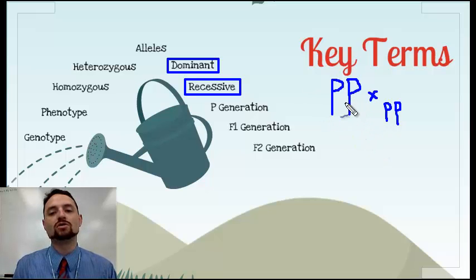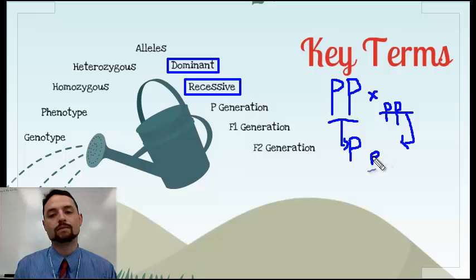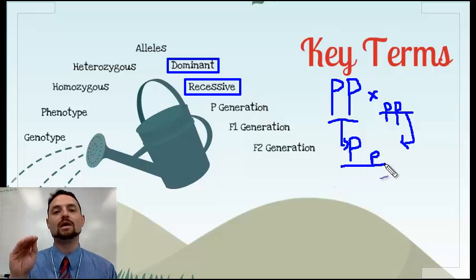Whenever you cross those, this parent here will give to their offspring a capital P. This parent here will give to their offspring a little p. So now you end up with an offspring that is capital P, little p, for the alleles.